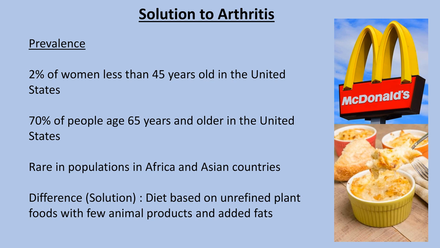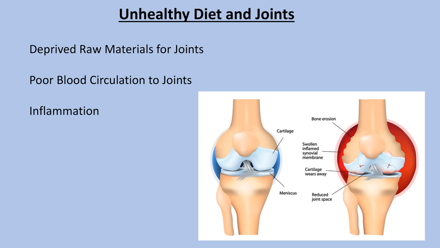Unlike here in the Western world, where one would enjoy a lot of McDonald's or enjoy mac and cheese. So it's quite obvious where the population might be going wrong. It might be our diets.